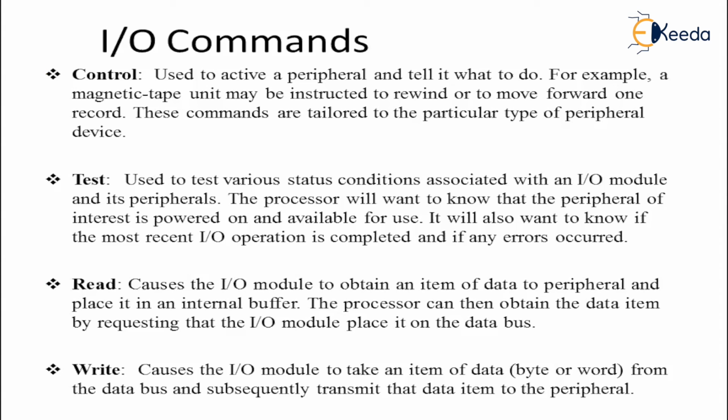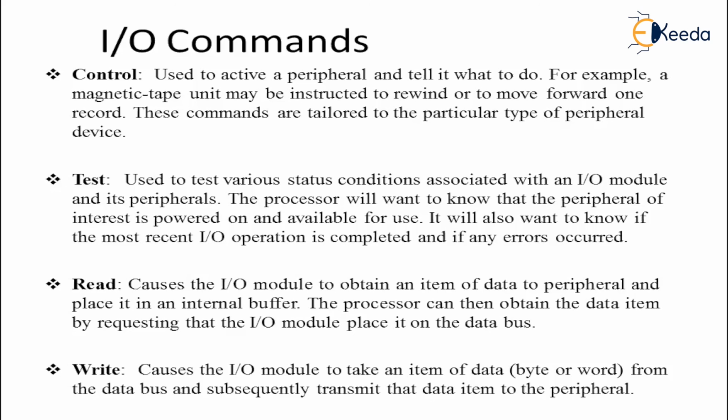Read will cause the I/O module to obtain an item of data from the peripheral and place it in an internal buffer. The processor can then obtain the data item by requesting that the I/O module place it onto the data bus.